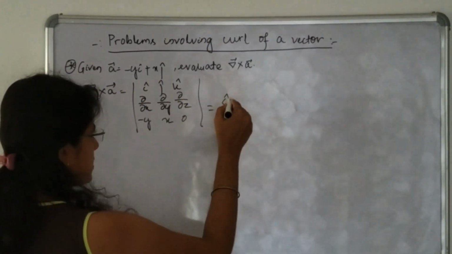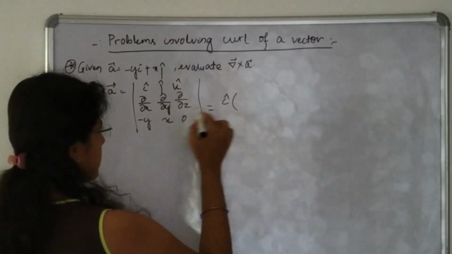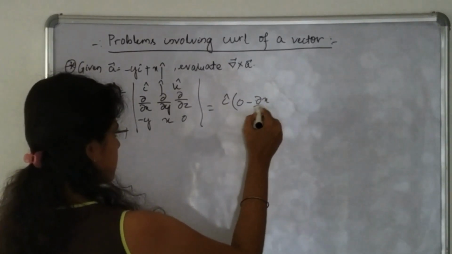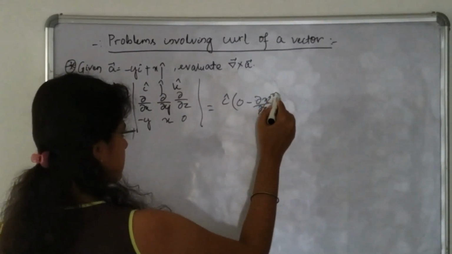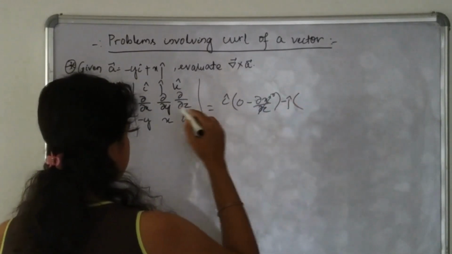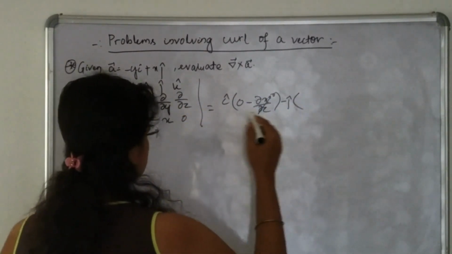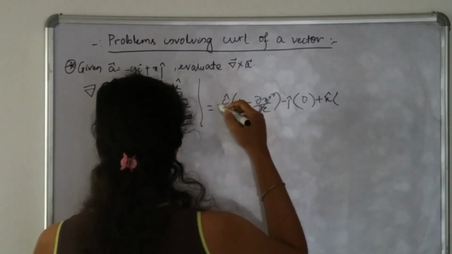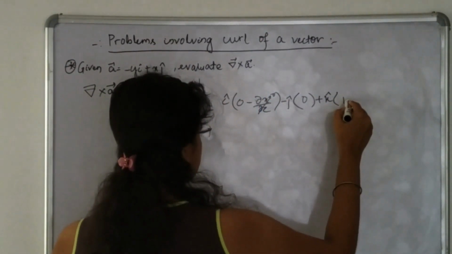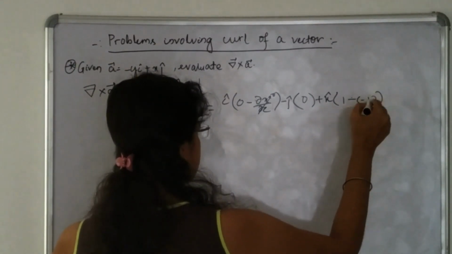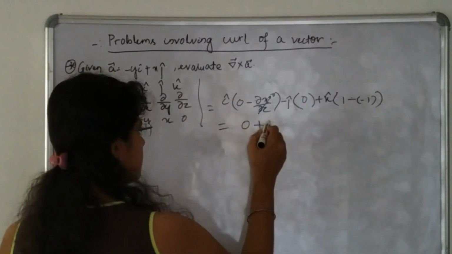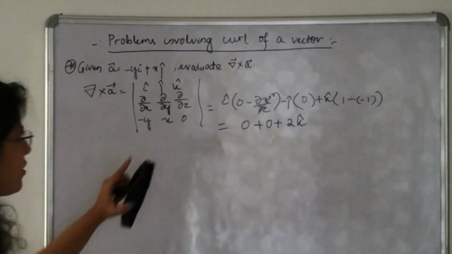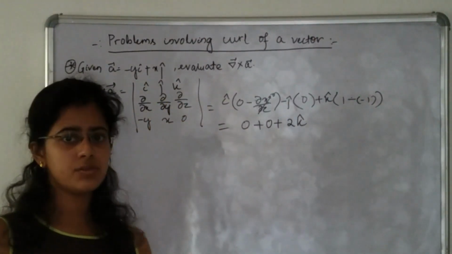So by solving this, you get 0 minus del x by del z, which is 0, minus j cap 0 plus k cap 1 minus minus 1. Okay, so it is 0 plus 0 plus 2 k cap. So the value of curl of A vector is equal to 2 k cap.